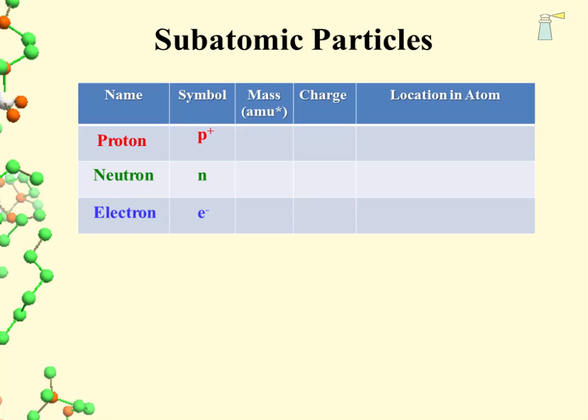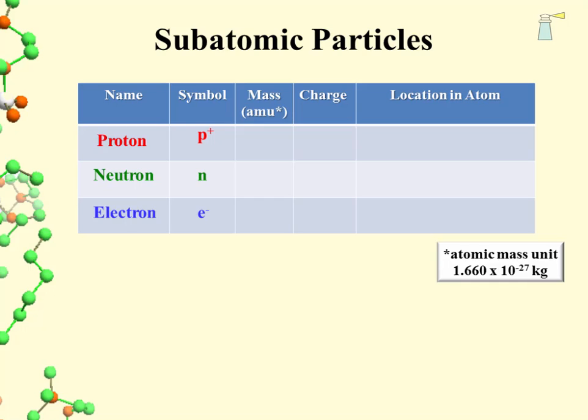The first of the two major properties of subatomic particles is mass. Mass is usually given in atomic mass units, or AMUs. Since these subatomic particles are so small, a special mass unit is used. The AMU is based on the mass of the proton, which is 1.660 times 10 to the minus 27 kilograms.